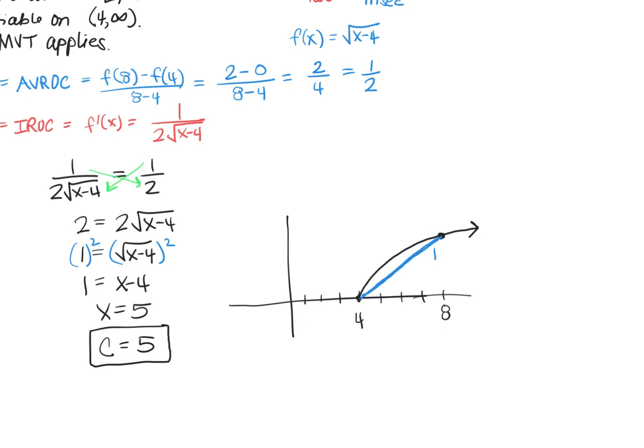We found that the slope of that line was 1/2. And then we found that at 5, that was the x value, where the slope of the tangent line is also 1/2. So imagine these parallel lines. Here's my tangent line, and it should also have a slope of 1/2 when x is equal to 5. That is our c value, our value of c, where the average rate of change is equal to the instantaneous rate of change.